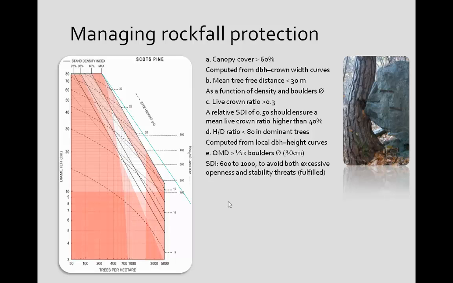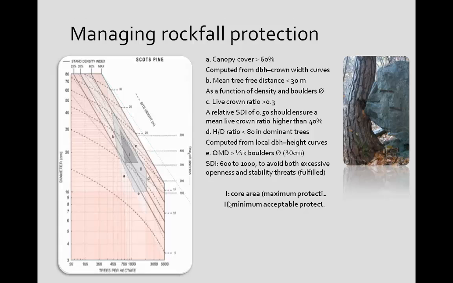And then finally, quadratic mean diameter greater than a third of the boulder size, and we superimpose that on the diagram. And basically, the authors of this paper have come up with two different polygons. There's minimum protection in this light gray area, and then maximum protection here.